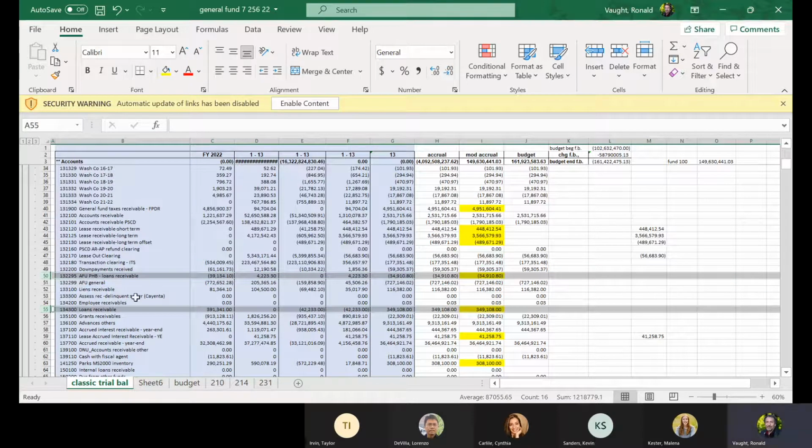So both the loans receivable and the allowance for uncollectible for loans receivable do not exist in budgetary, because in the GAAP basis, when we make a loan, we debit receivable and credit cash. But in budgetary basis of accounting, we debit expenditures and credit cash. So for the budgetary basis, there is no loans receivable.